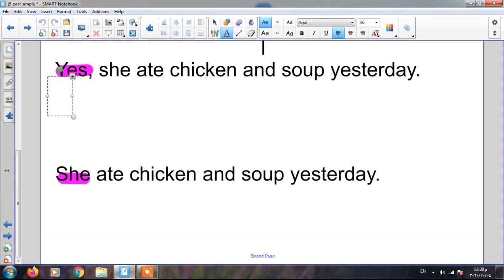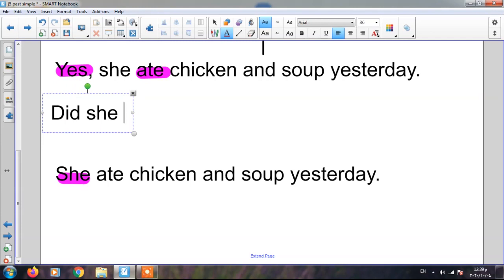So let's go for the first one. Yes, she ate chicken and soup yesterday. Let's look at the verb. Can you see the verb? Ate. It's the past of eat. So I have to start a yes and no question in the past. So what do I do? What do I use in the past yes and no question? Correct. Did. And complete.